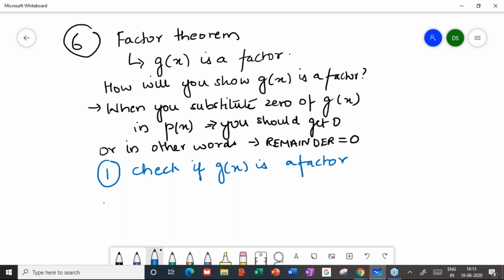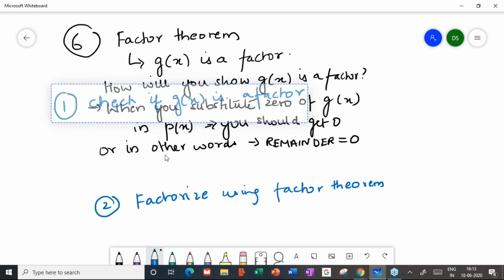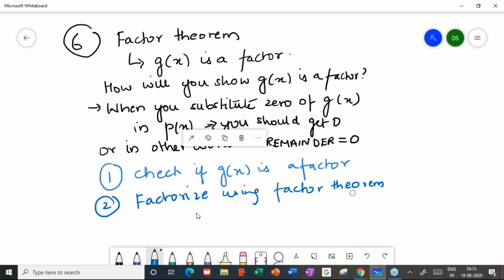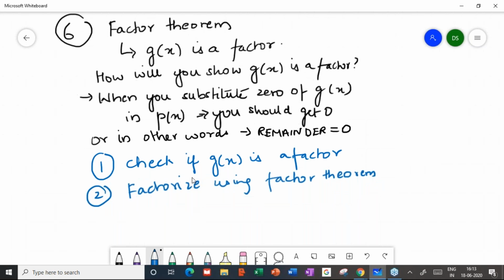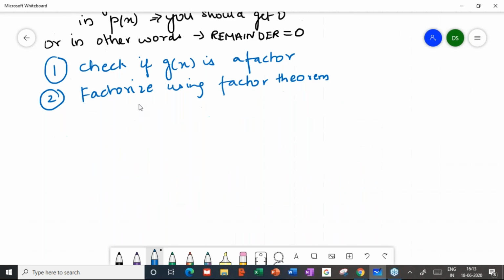And the second type of question is factorize using factor theorem. So these are the two types of questions. Okay, so we'll take this up one by one.